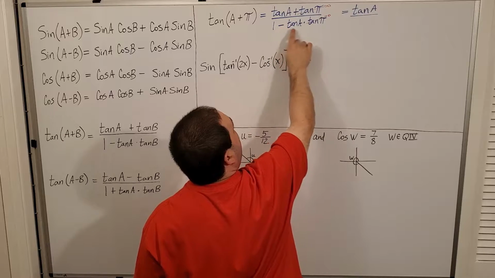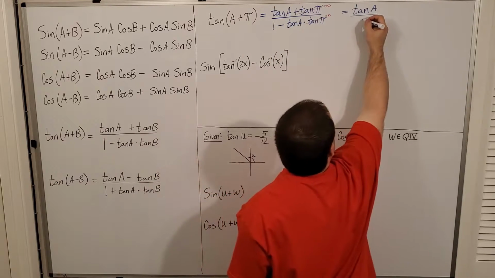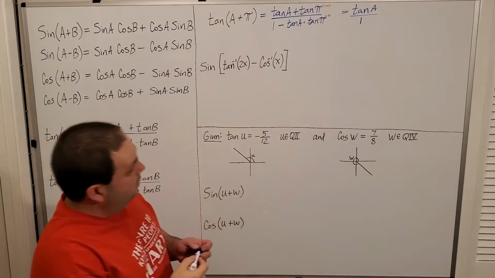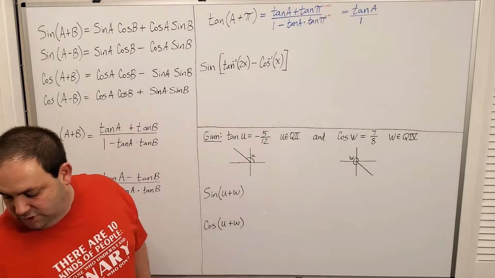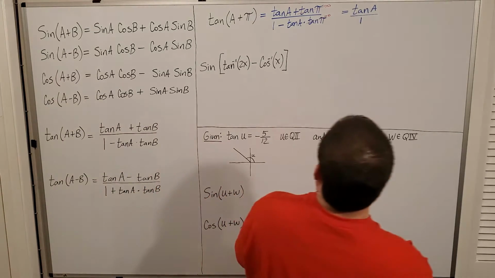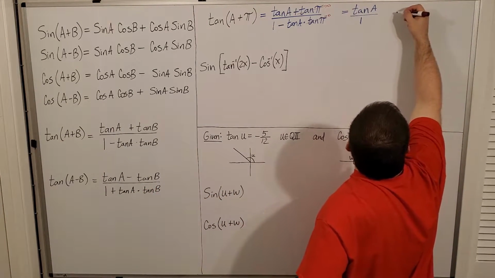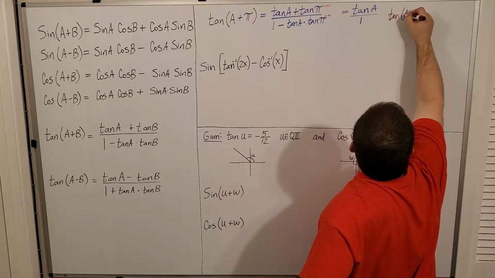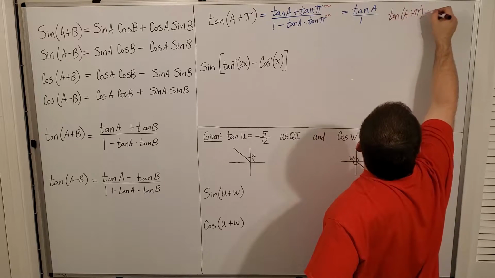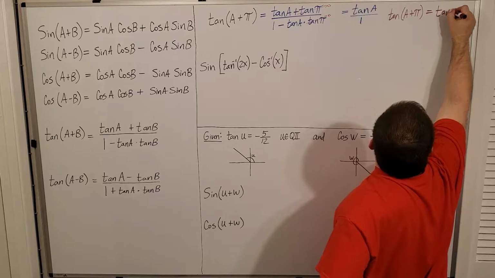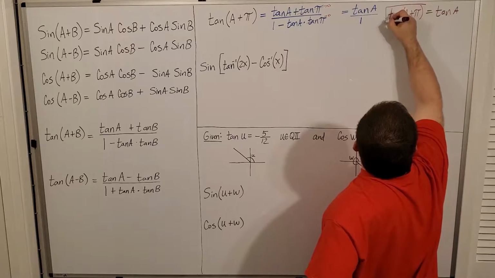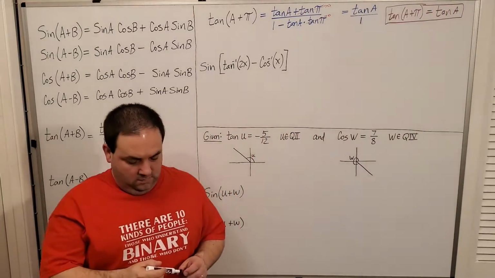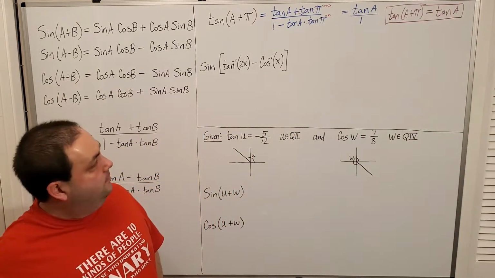I have 1 minus 0, which is just 1. Okay? So in other words, what we've just shown is that the tangent of any angle plus pi radians is equal to itself. That's an interesting property of tangent.